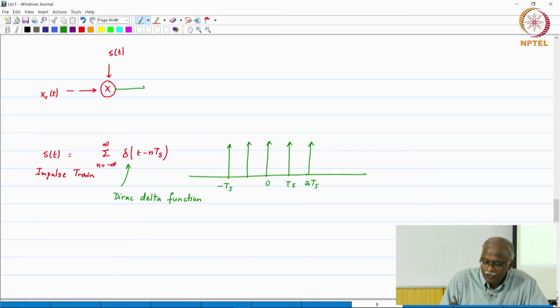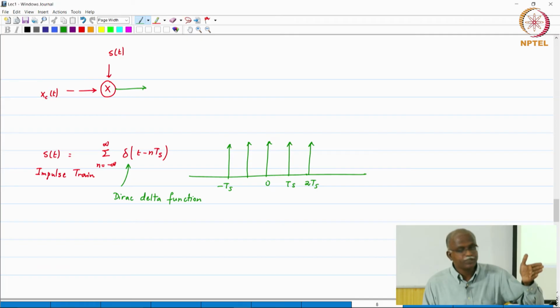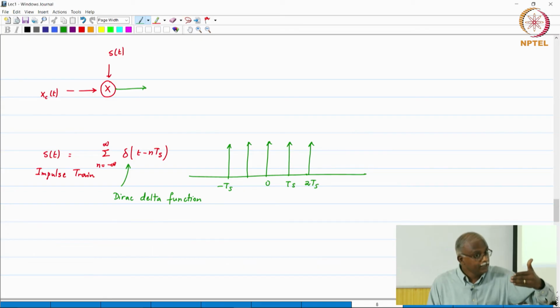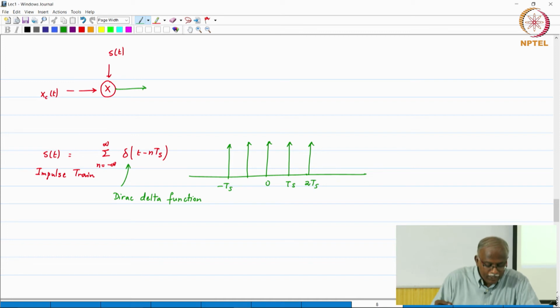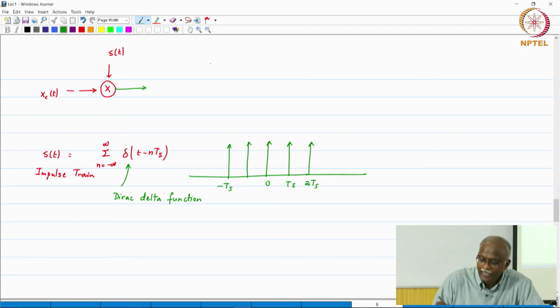Okay. So, now what do I have? I have taken a continuous time signal and multiplied it with a string of Dirac deltas. It is still a continuous time signal. So, I must convert it into a discrete time signal x of n.